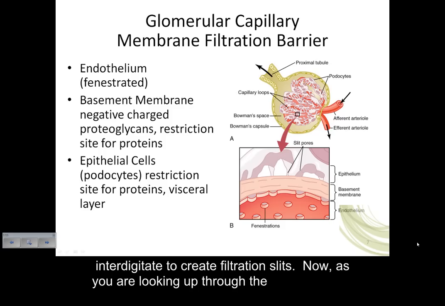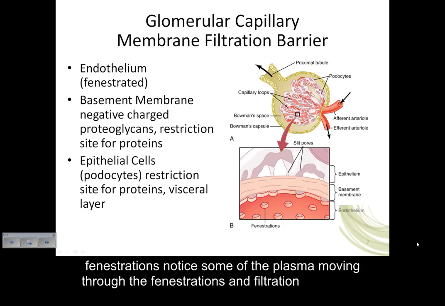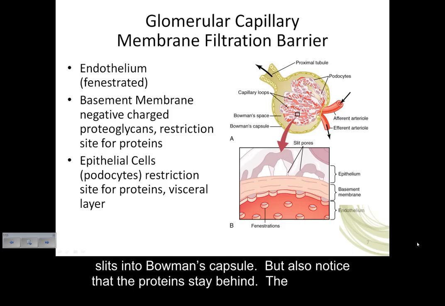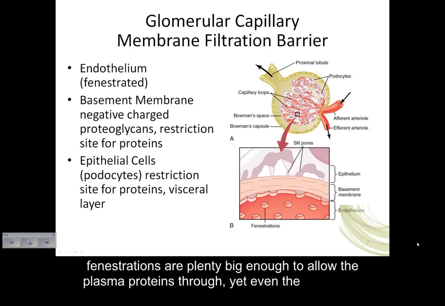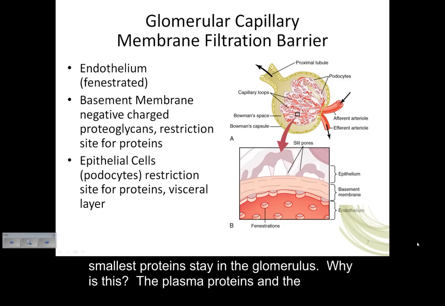Now, as you are looking up through the fenestrations, notice some of the plasma moving through the fenestrations and filtration slits into Bowman's capsule. But also notice that the proteins stay behind. The fenestrations are plenty big enough to allow the plasma proteins through, yet even the smallest proteins stay in the glomerulus.